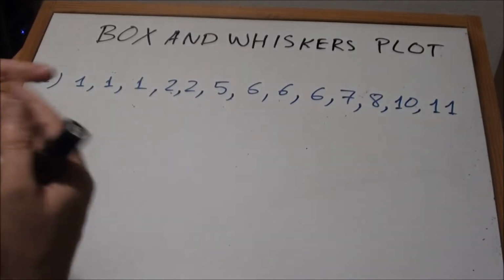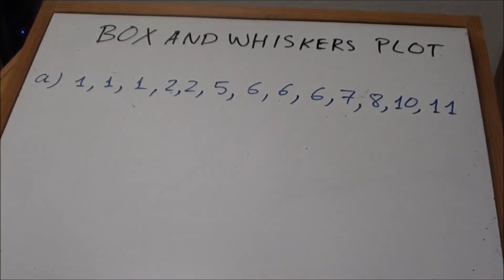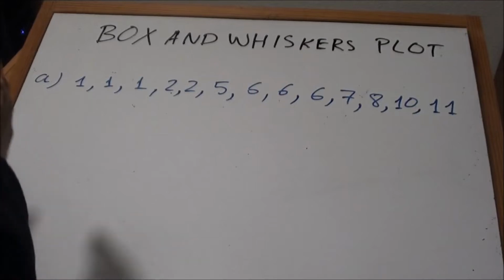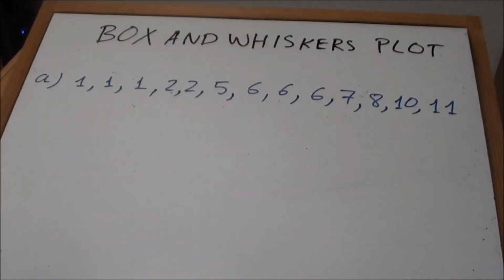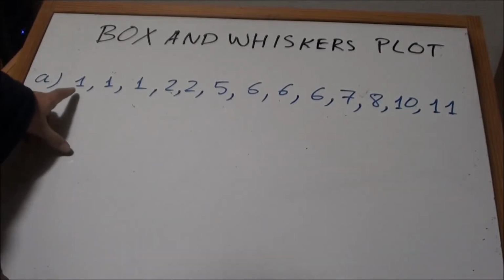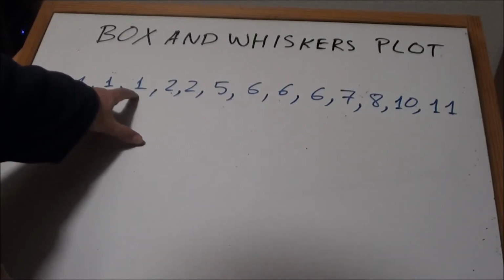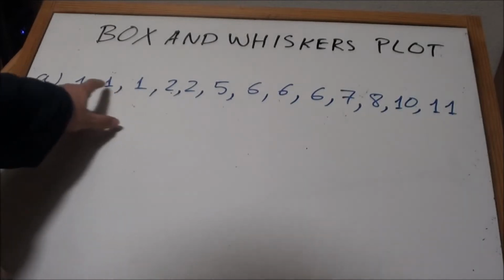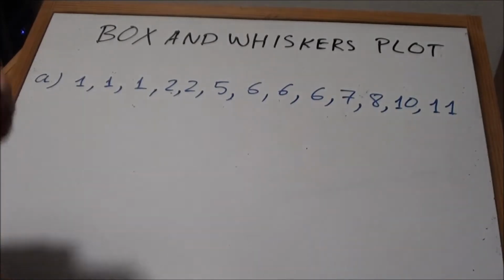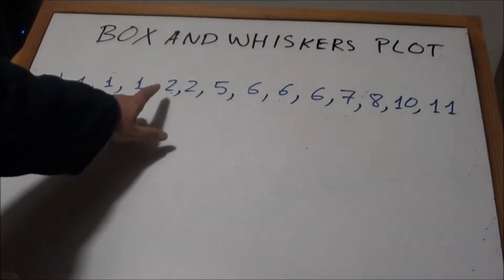representing the number of times that a number of people visited the doctor. So, for instance, we have one person who went once, another person once, another person once. So we have 3 people who went once to the doctor, one time.